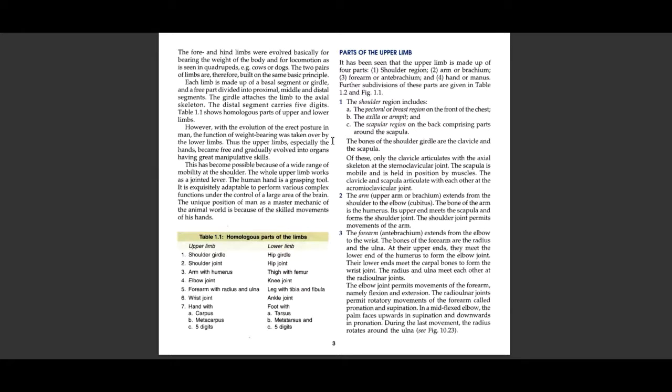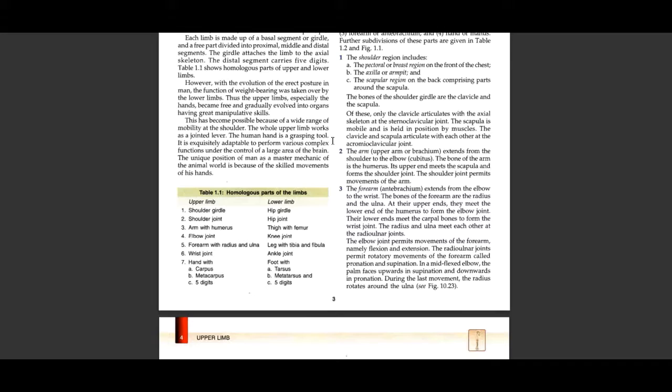However, with the evolution of the erect posture in man, the function of weight bearing was taken over by the lower limbs. Thus, the upper limb, especially the hands, became free and gradually evolved into organs having great manipulative skills. This has become possible because of a wide range of mobility at the shoulders.